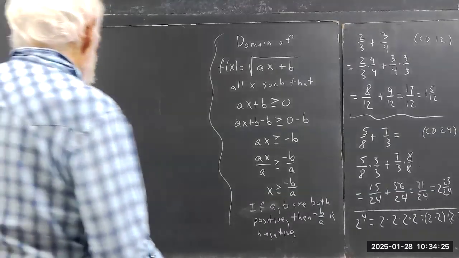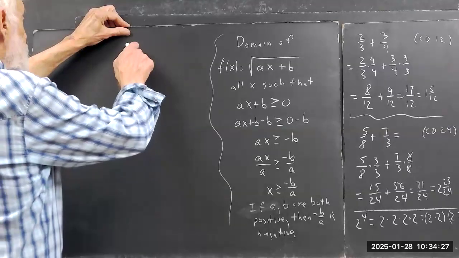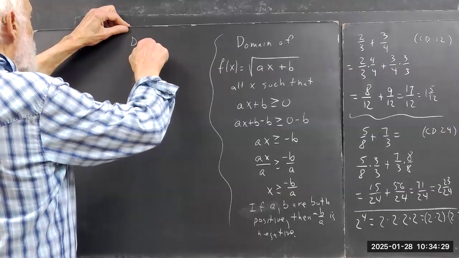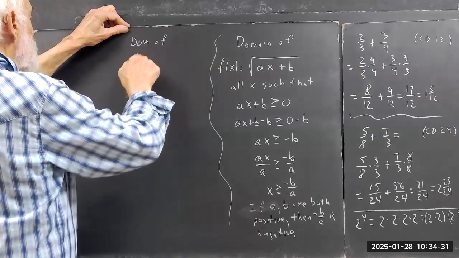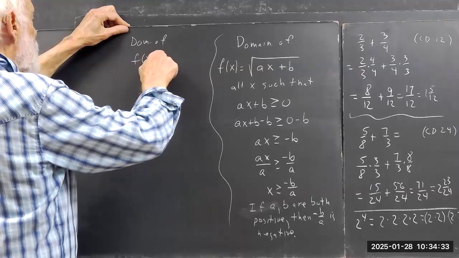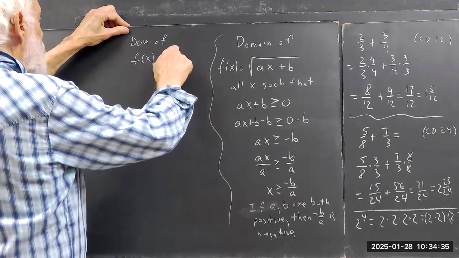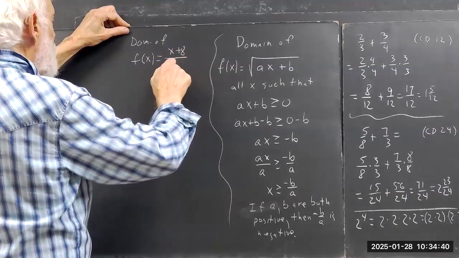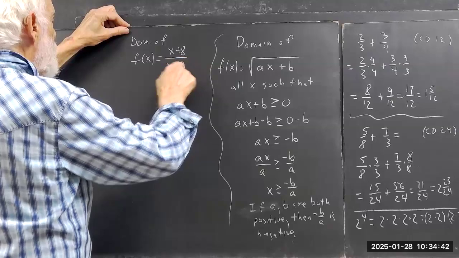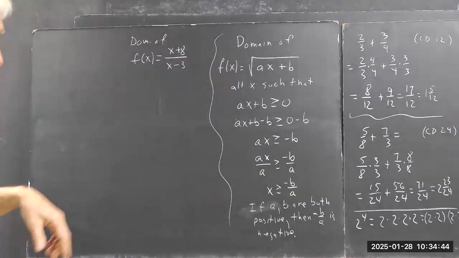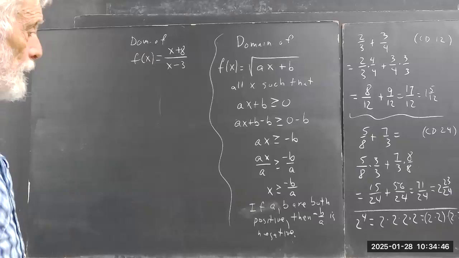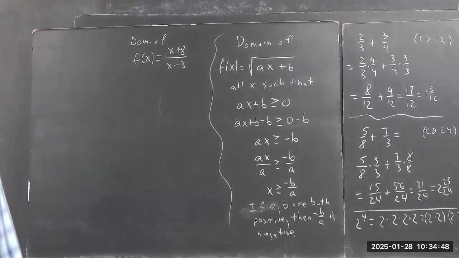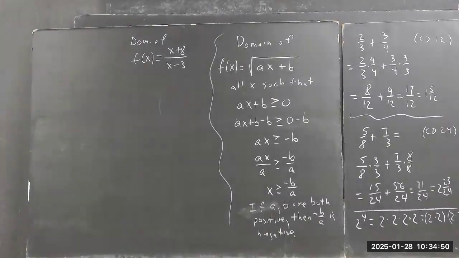Now there's another case. What if you had x plus 8 over x minus 3? What would restrict your domain?